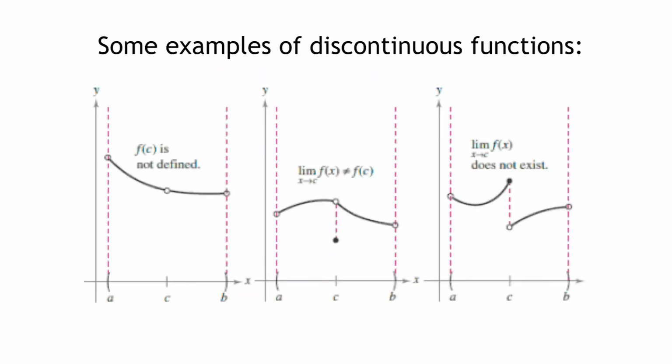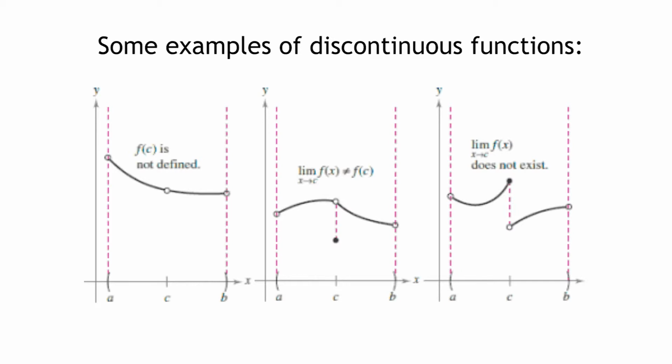Here are some examples of discontinuous functions. In the leftmost one, there is a hole in the curve at x equals c, as f(c) is not defined. The limit as x approaches c does exist, but the function is not continuous.